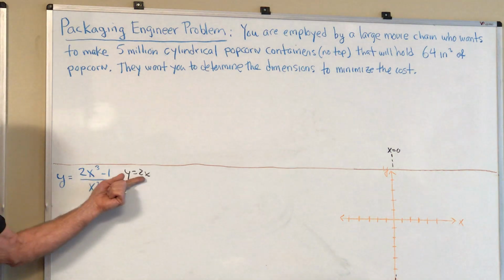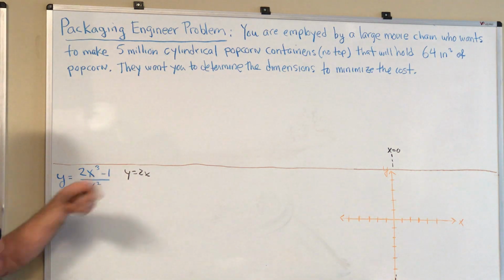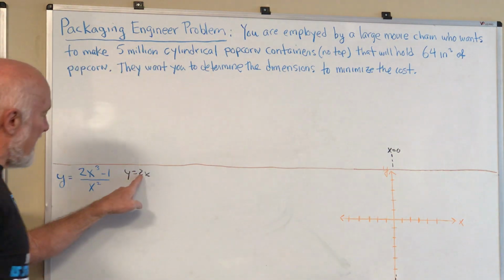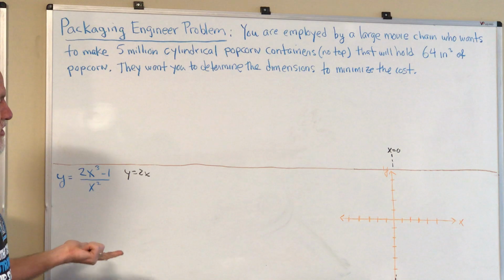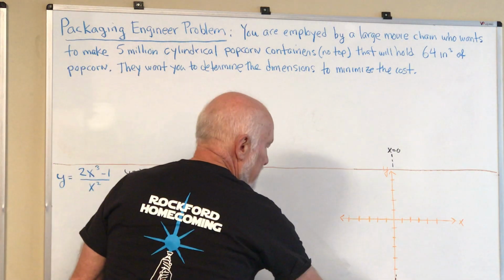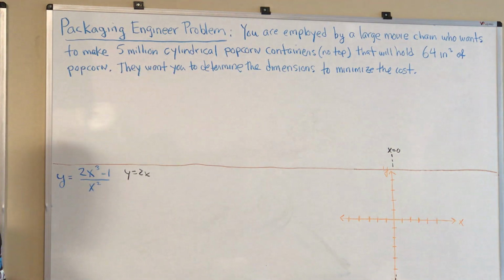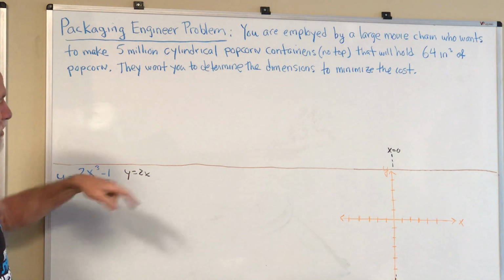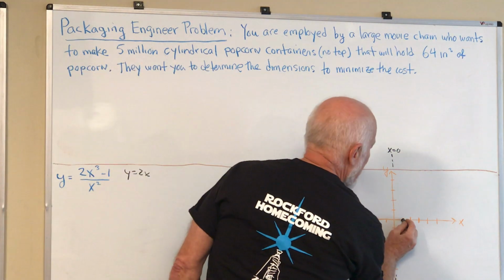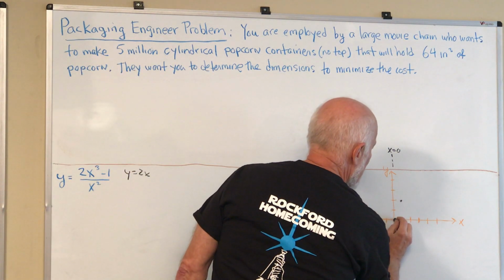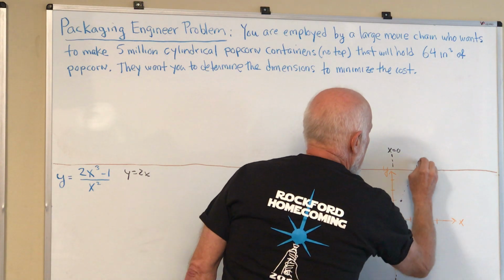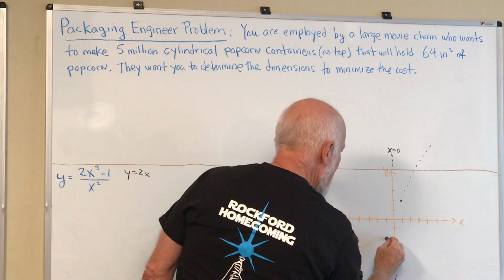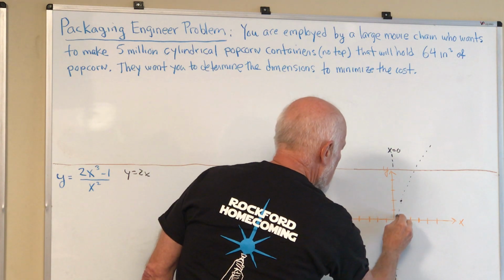And you know, as x approaches infinity, that's going to go up to infinity. So it's going to go up like this, and as x approaches negative infinity, the function's going to go to negative infinity, so it's going to go down. And we even know how it's going to proceed up and down. It's going to proceed like y equals 2x. So I can actually just make that asymptote by making a slope of 2.